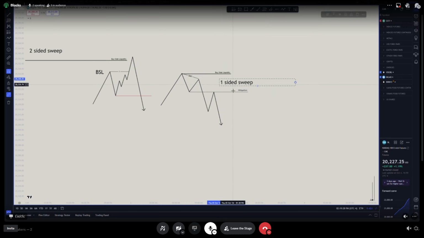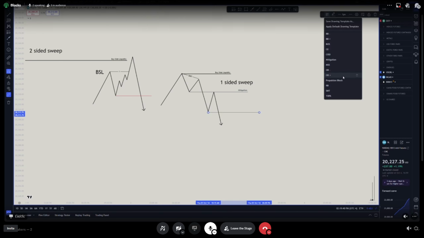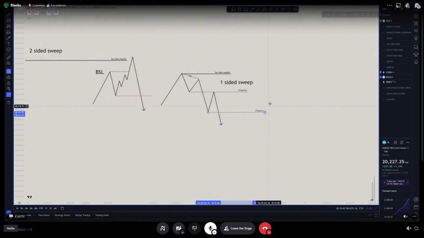Now, since we're only seeing a one-sided sweep here, once price breaks down, creates a swing low, comes back up inside the range somewhere, and then breaks down again, this will be your next mitigation block here, and it will just continue, right? Mitigation block, and let's say we do something like this, right?